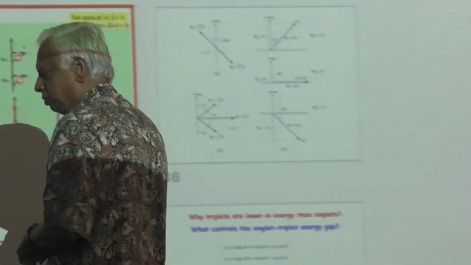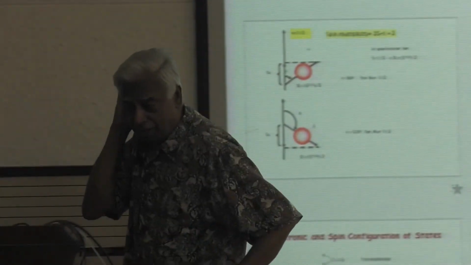Suppose you have n to pi star and pi to pi star. Which one will have a larger singlet triplet gap?